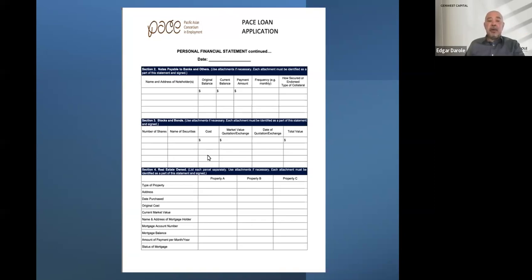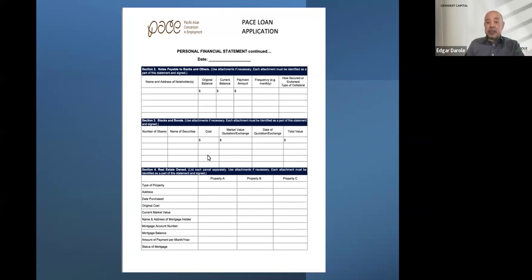Now, section 4 is your real estate owned. The proper sequence should be: your primary residence should be in property A, property B should be your rental or your second home, and property C should be your other real estate properties. They want to know what type of property that is, your address, the date it was purchased, original cost, and current market value.